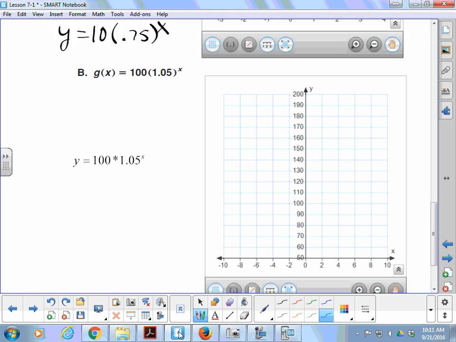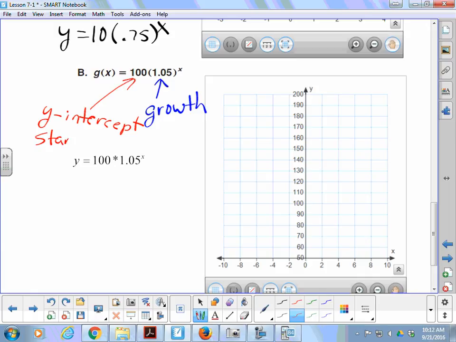All right, well, let's see. This says 100 times 1.05 to the power of x. First of all, what does this number here tell us? It has growth. Since it's growth, that means the graph is getting bigger, so it's going up as it goes to the right. But the big question is, what does that number 100 tell us? The 100 tells us the y-intercept, or we could also call it the starting value.